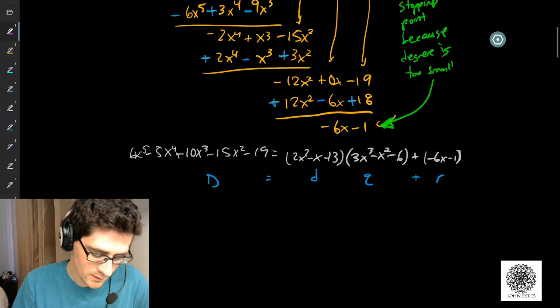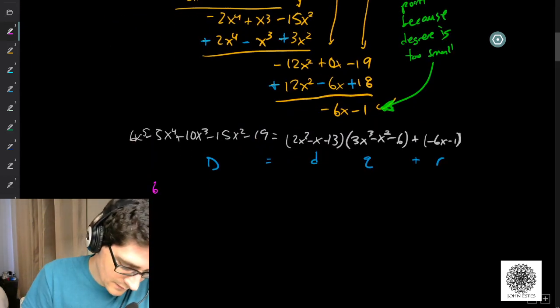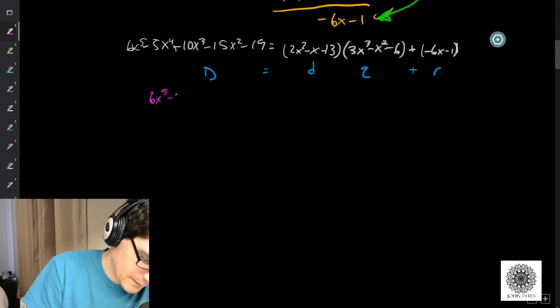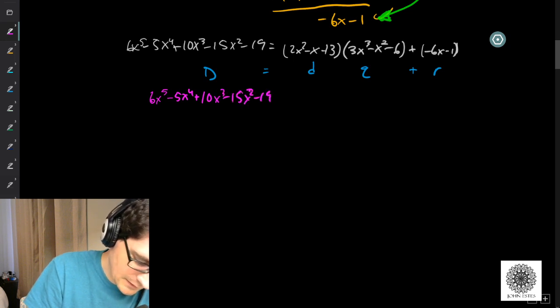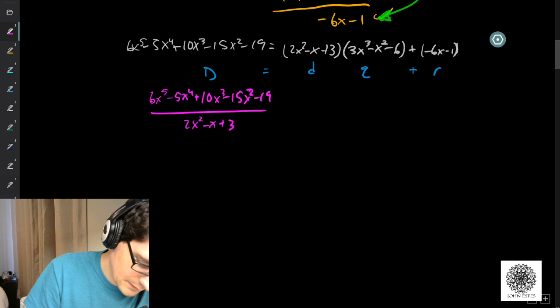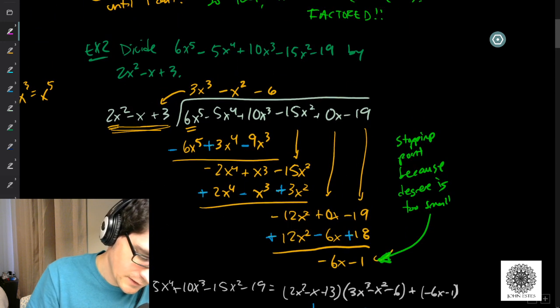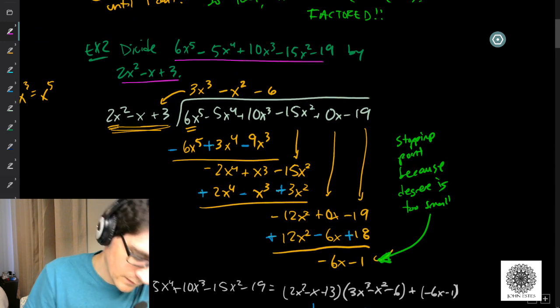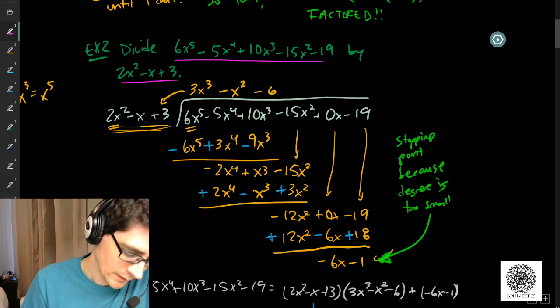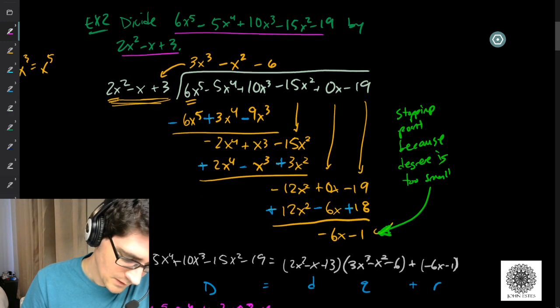Sometimes it's helpful in the polynomial sense to say this big thing, 6x to the fifth minus 5x to the fourth plus 10x cubed minus 15x squared minus 9, divide all that by the thing that we were dividing by, which was my divisor, right? So this is what we were trying to find originally, dividing that by 2x squared minus x plus 3.